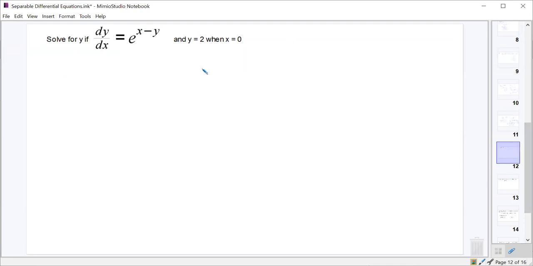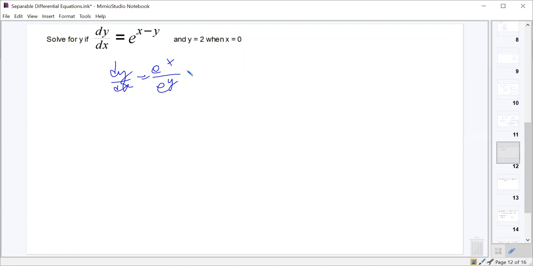So any thoughts on how we're going to solve this separable differential equation? Somehow by separating them, right? But how are we going to do that? You could do like e to the x times e to the negative y or something like that. Yeah, or it might be easier to look at it if we wrote it as e to the x over e to the y.